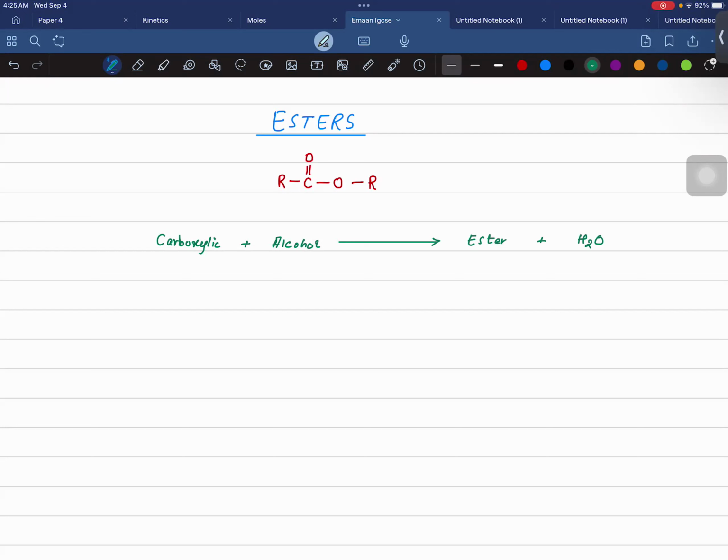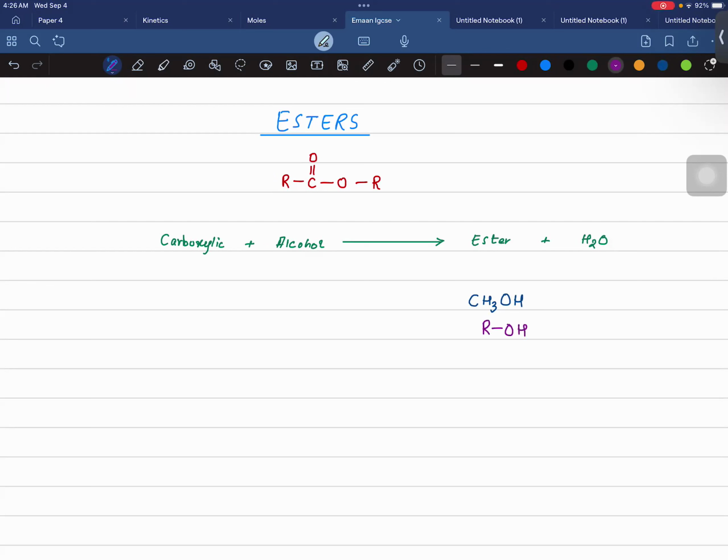Let's suppose when we were discussing alcohols, I told you methanol, ethanol, propanol, then butanol. So basically, CH3OH is your methanol. I can say that this is ROH.